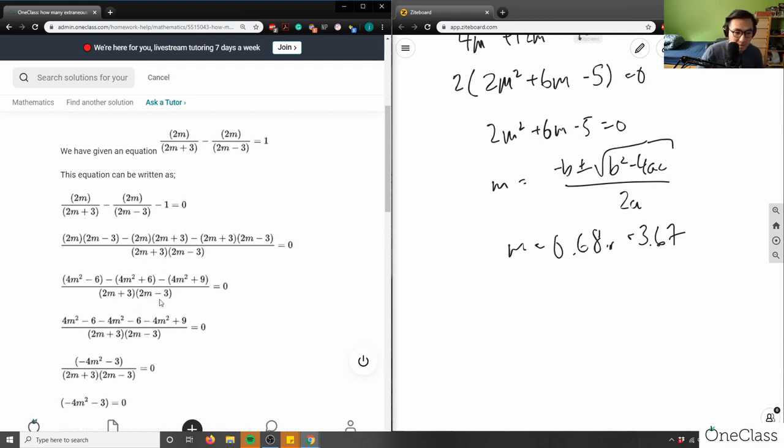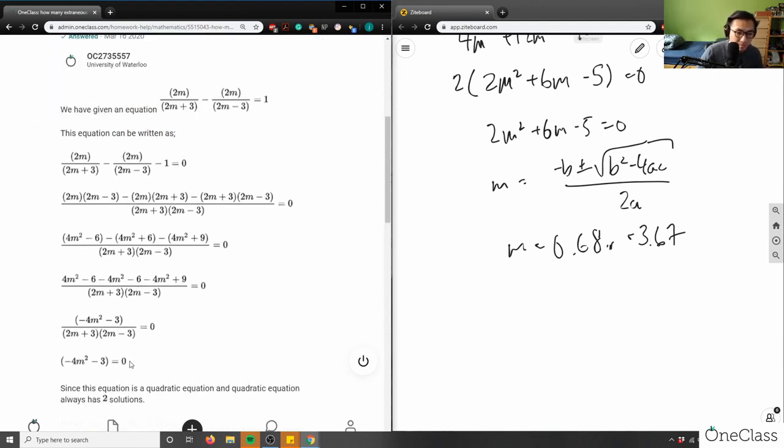That's exactly what I did here. They've collected like terms. So you get negative 4m squared plus 9 at the very end here, because 4m squared and 4m squared cancel out. You're left with negative 4m squared, and then negative 6 plus 9, sorry, negative 6 plus 6 gives you negative 3 here.